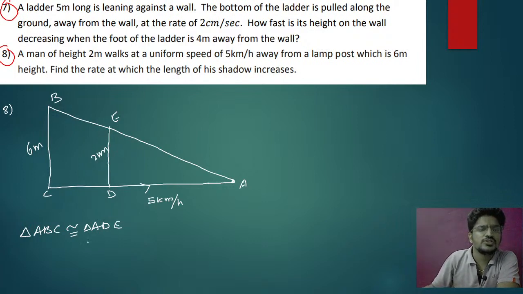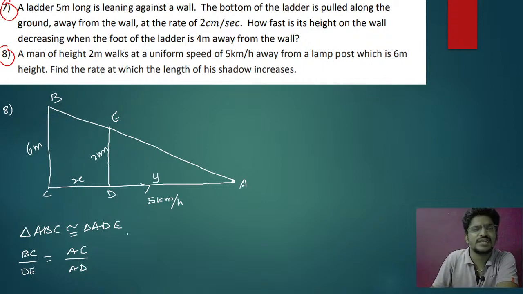Clear? So from that you can see BC divided by DE will be equal to AC divided by AD. Now CD length I will take as X, DA length I will take as Y.